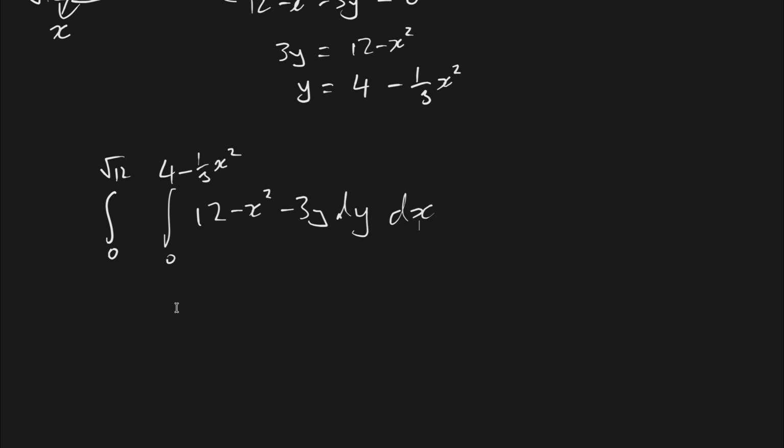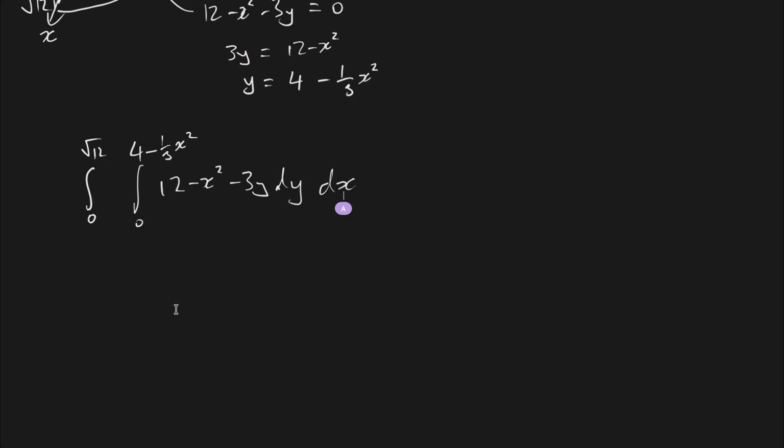Okay, now what do we do? Let's first evaluate that inner integral with respect to y. So x is going to be a constant here. We've got 12y minus x squared y minus 3 over 2 y squared.